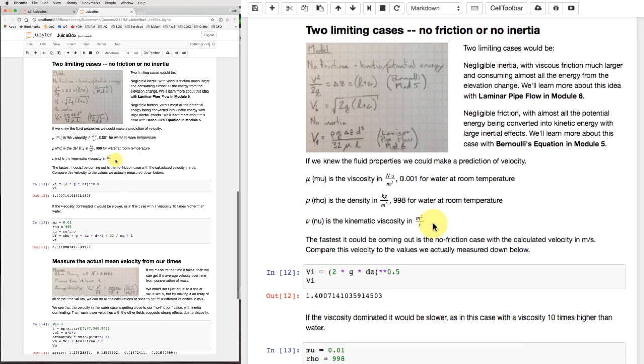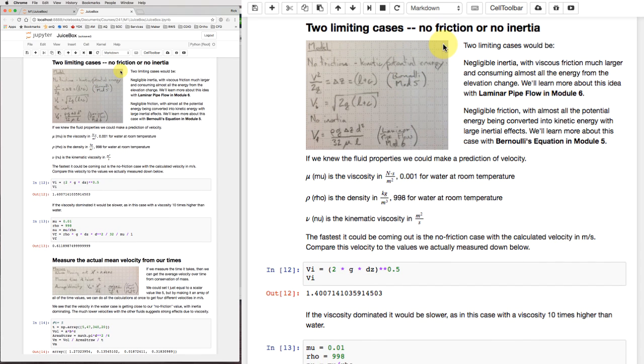We've got two cases that are the limiting cases. One is if we had no friction. So all we'd be doing is using that potential energy to accelerate the flow. And from later on in Module 5, we have Bernoulli's equation, which will tell us the relationship between the kinetic energy here and the potential energy due to that change in height under gravity.